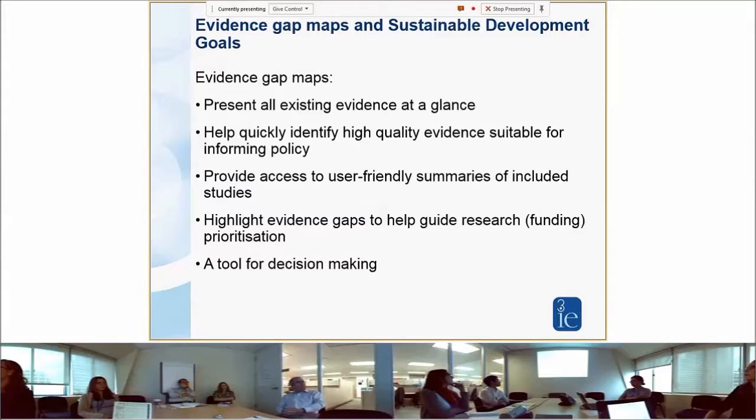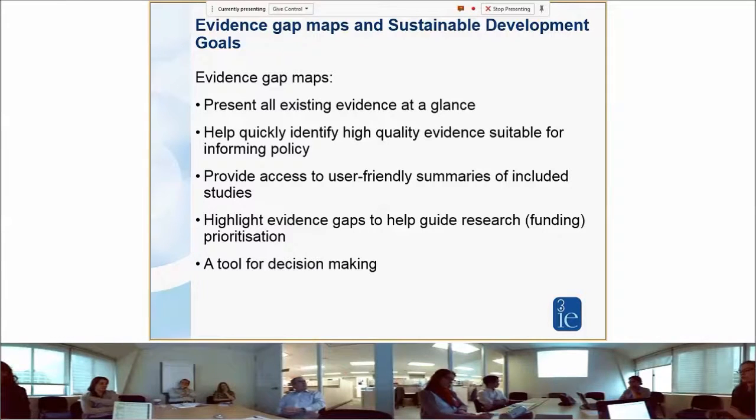And then just a brief conclusion about evidence gap maps in general. We hope that they can be useful for general decision making and for the Sustainable Development Goals, because they are trying to present all the existing evidence in a field at a glance on one page. They should help quickly identify high-quality evidence, particularly that of systematic reviews, suitable for informing policy.